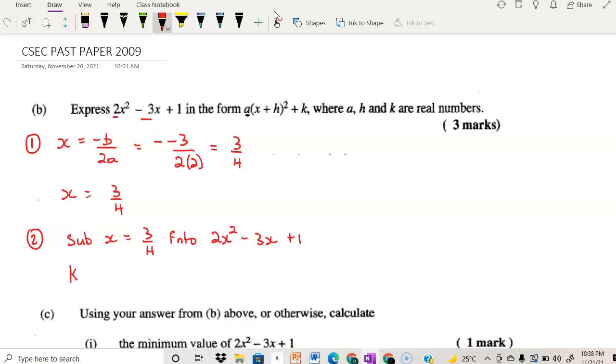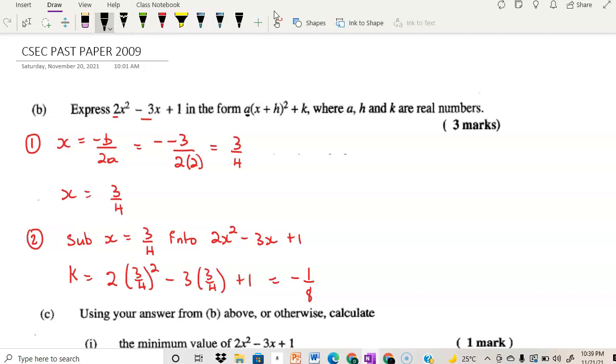So k is equal to 2 open bracket 3 over 4 close bracket square minus 3 open bracket 3 over 4 close bracket plus 1. And so k is actually equal to negative 1 over 8. Remember, k is our minimum value.